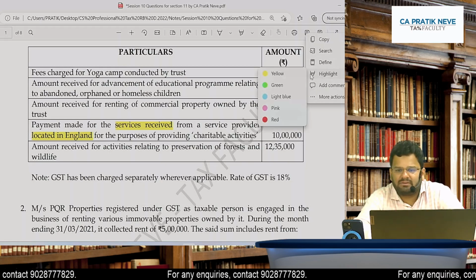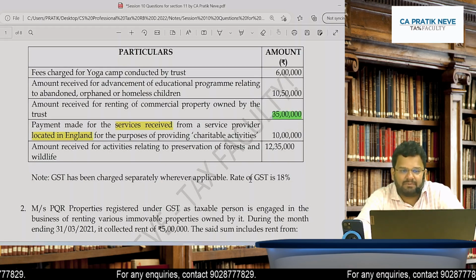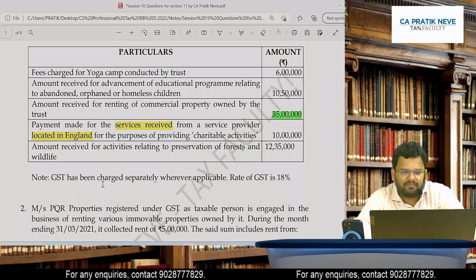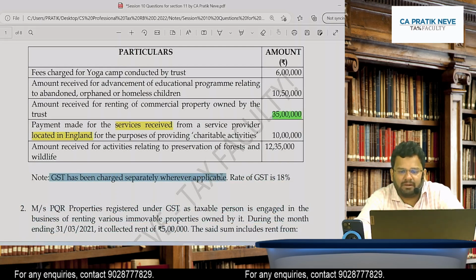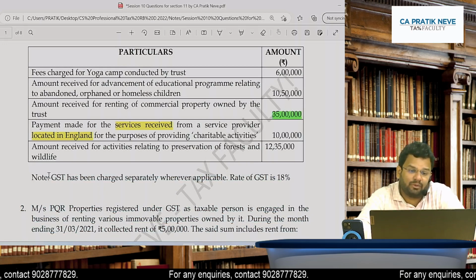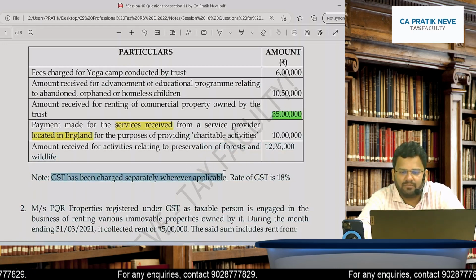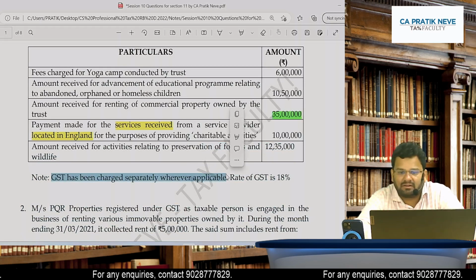So what is the GST payable? GST is at 18%. And it's given here that GST has been charged separately wherever applicable, meaning the given figure is excluding GST. So 35 lakh is excluding GST, and 35 lakhs itself becomes the assessable value. So do you get 6 lakh 30,000?